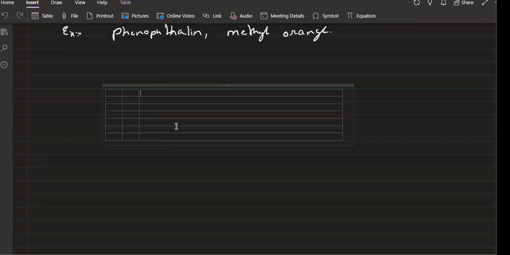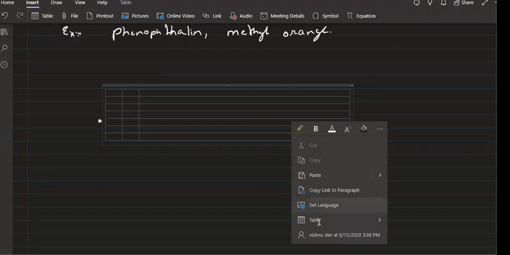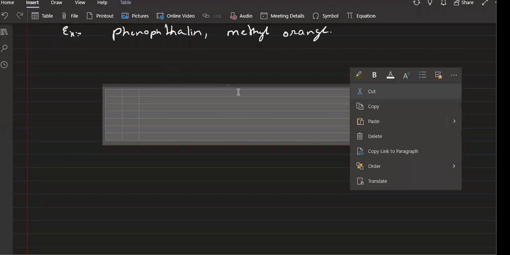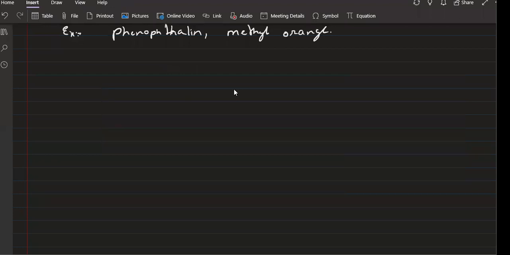Everyone, wait. I'll just write it like this. So it is the name of indicator, then color in acid, and color in base.